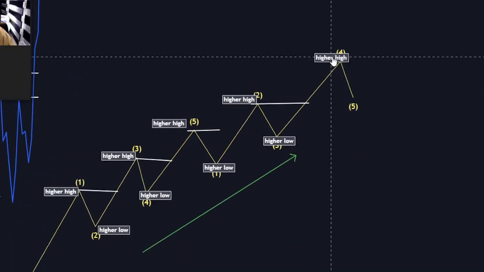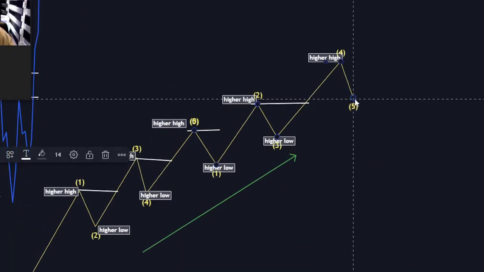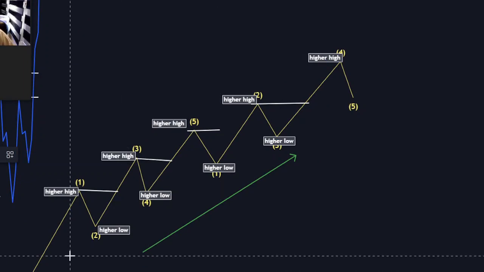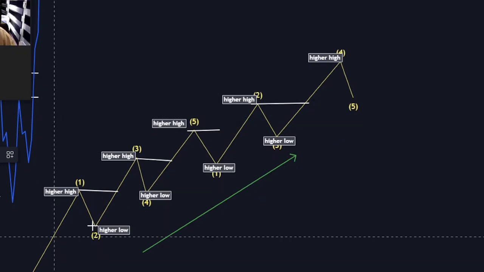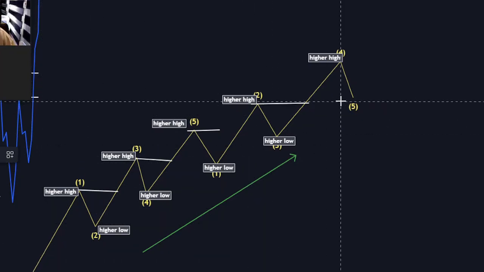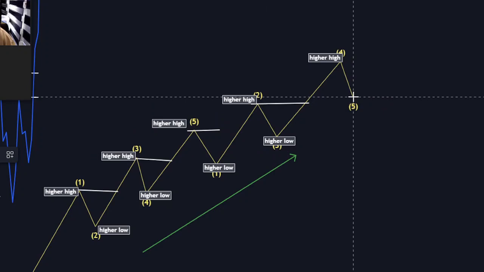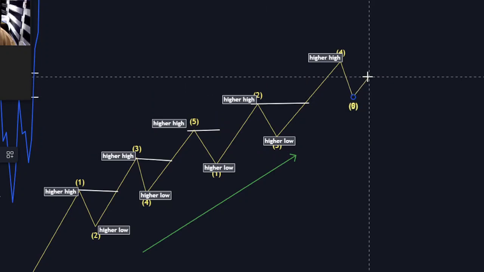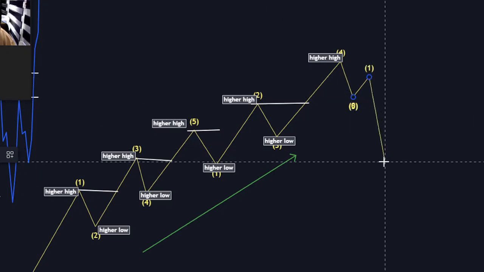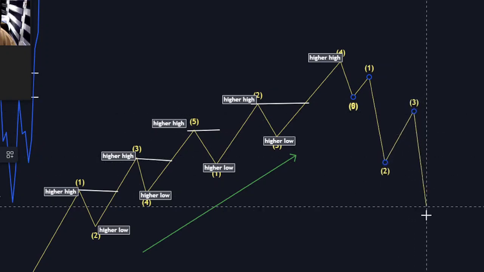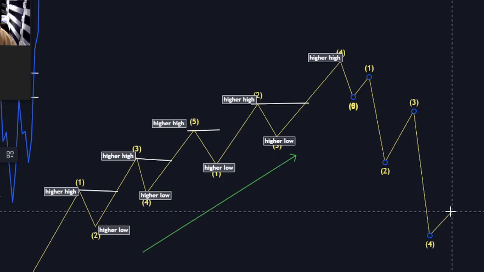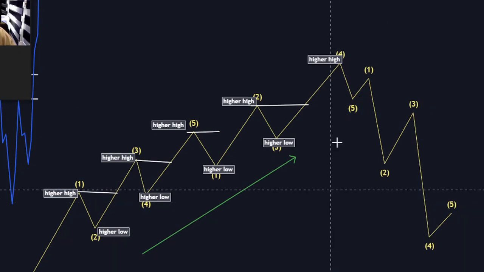So now, here, we were expecting the market to continue going up since it's been going up from this origin. Now the market did something like this. Did you see what the market did?